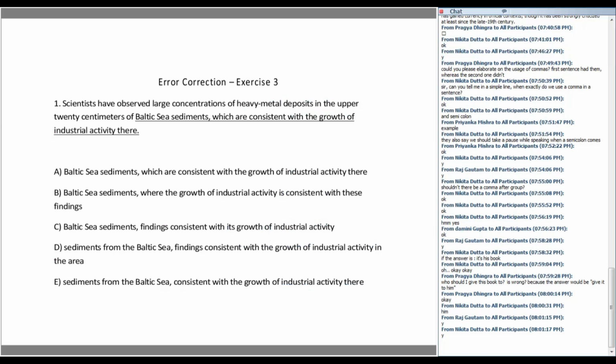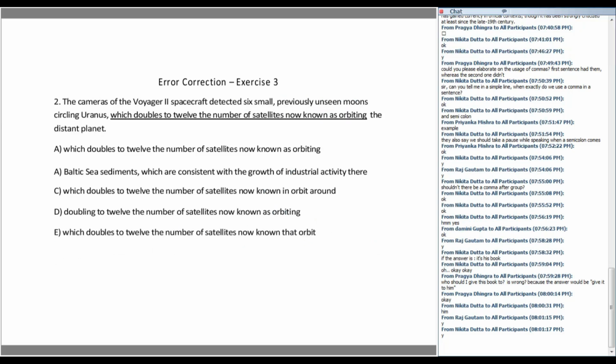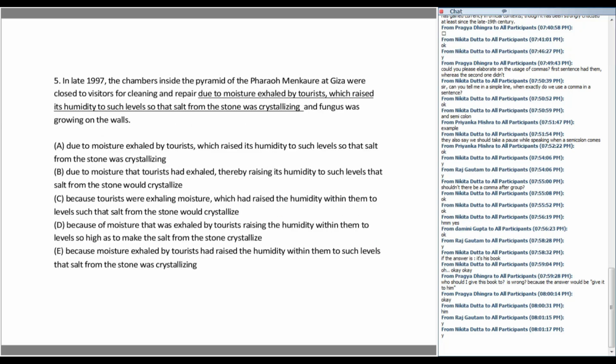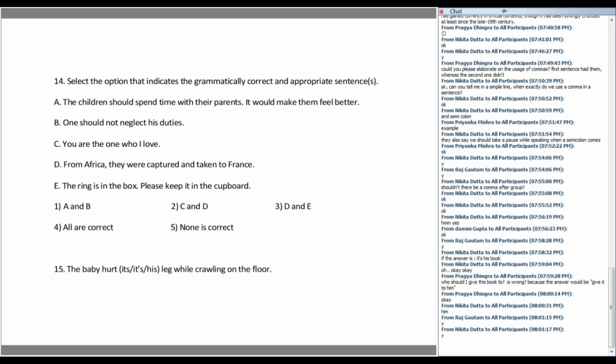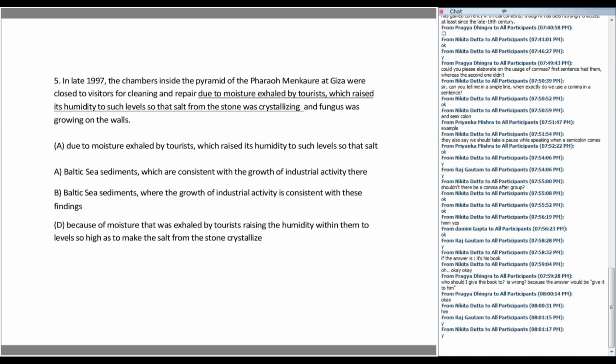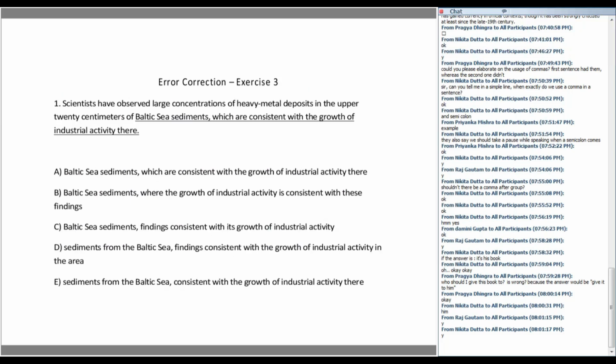You can check. This is an exercise based on pronouns. There are how many questions? There are 15 questions. So I think 15 minutes will be sufficient. Please take a look. Start.